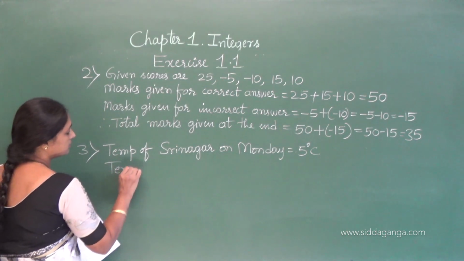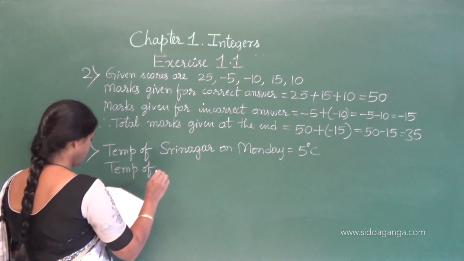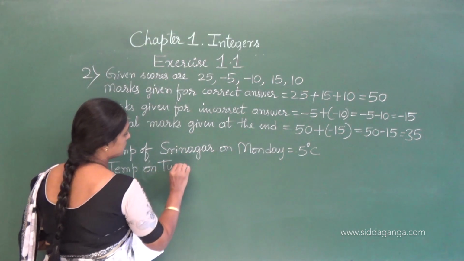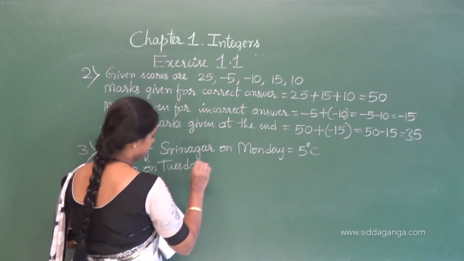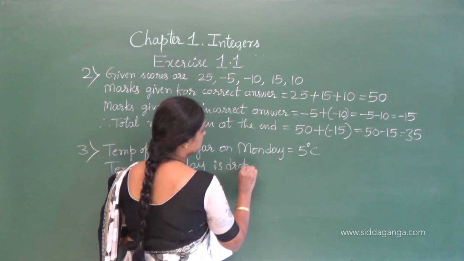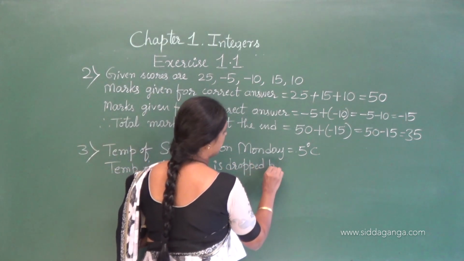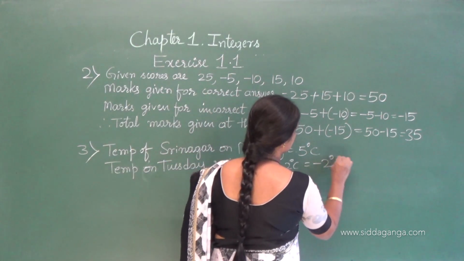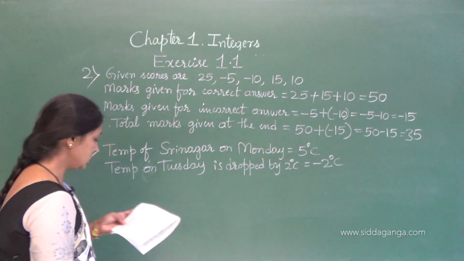Temperature on Tuesday: dropped by 2 degrees Celsius, that is considered as minus 2 degrees Celsius.